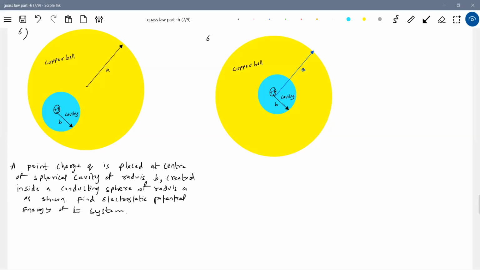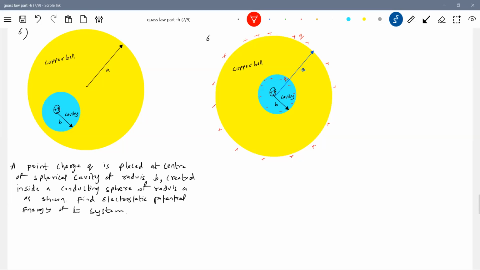Can you remember? So that will help us a lot here. So the charge distribution will depend only on the radius of curvature of the copper ball, and here this will be minus Q, this will be plus Q.